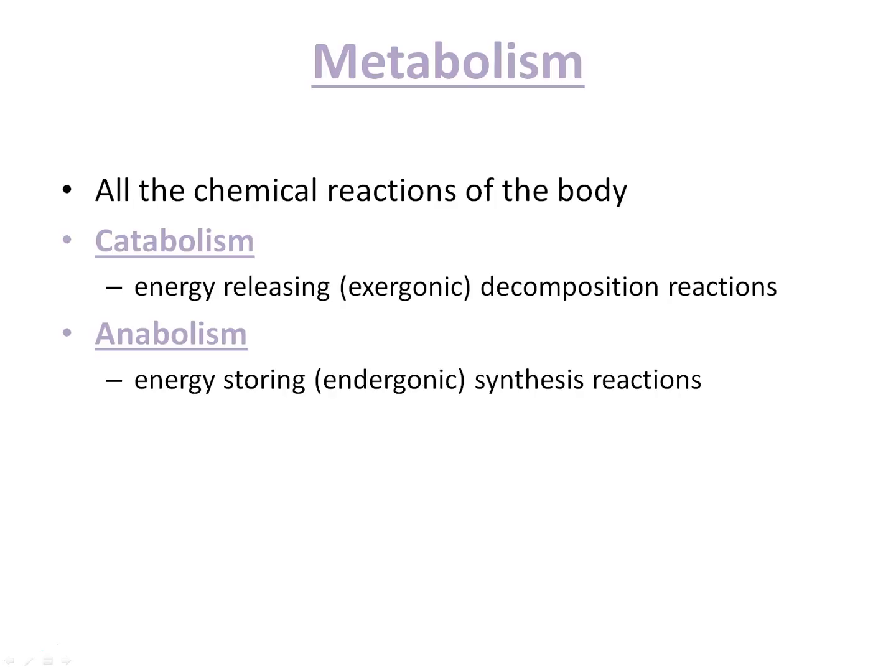So catabolic reactions release energy. Anabolic reactions are energy-storing or endergonic synthesis reactions. I always remember this because anabolic steroids make your muscles get bigger, and we have to synthesize new muscle proteins in order for your muscles to grow. Next, we'll talk about water and pH.